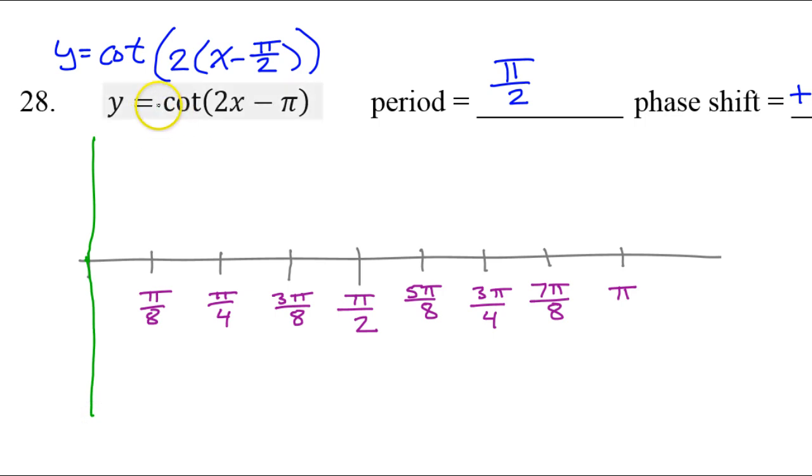Alright, the a value is 1 because I don't see anything there. So I'm just going to go ahead and mark a 1 and a -1 like you do. Alright, for my a value. There is no vertical shift, so the x-axis itself is the midline.